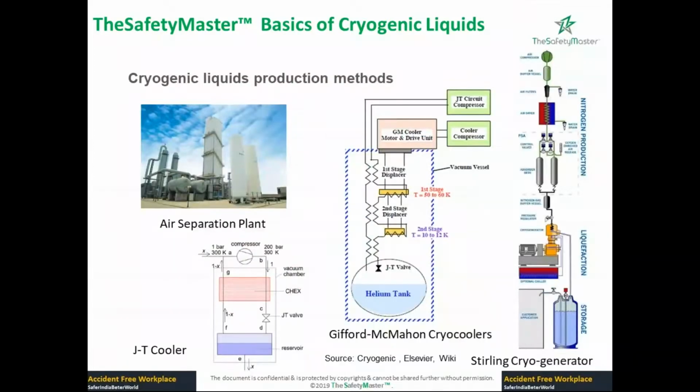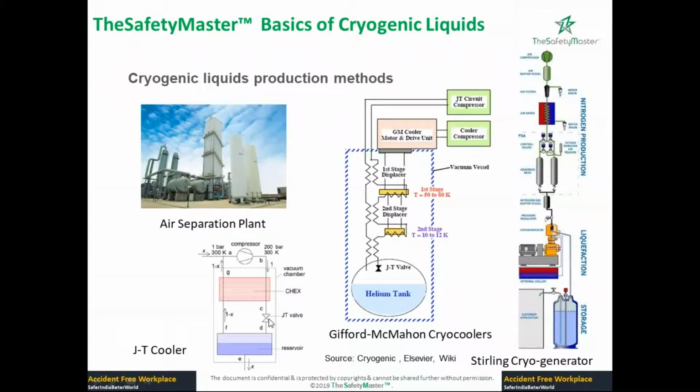JT cooler is basically, you take a high pressure compressor. Let's say you have air in at 1 bar 300 Kelvin, and then it's compressed to 200 bar at 300 Kelvin, and then goes to a heat exchanger, and then goes to the JT.